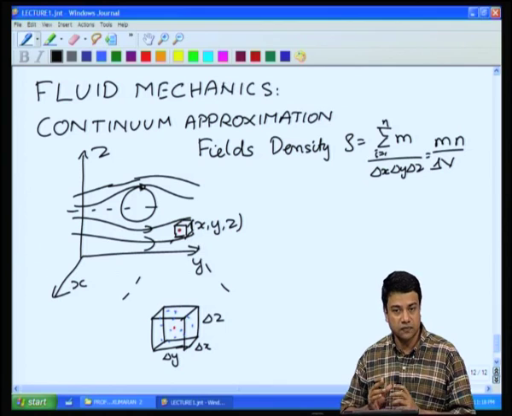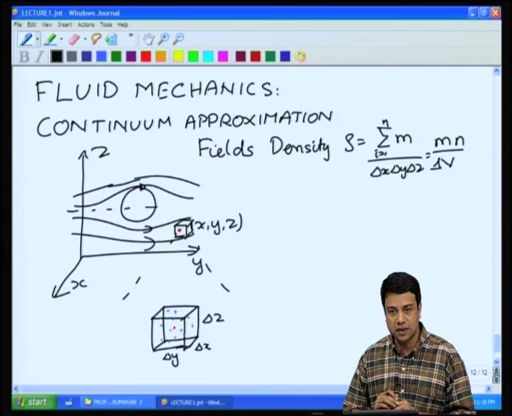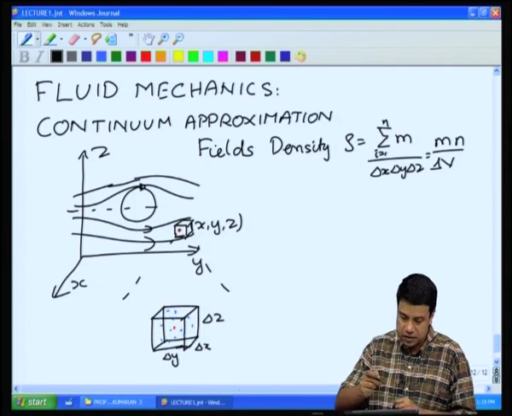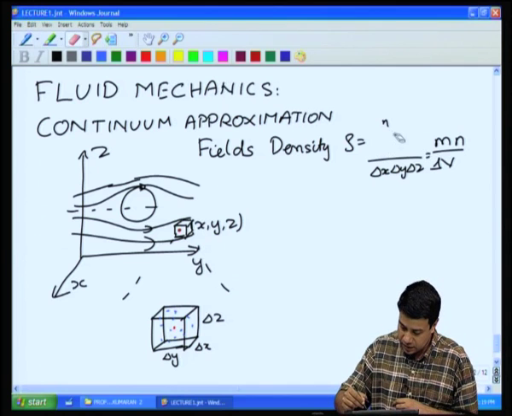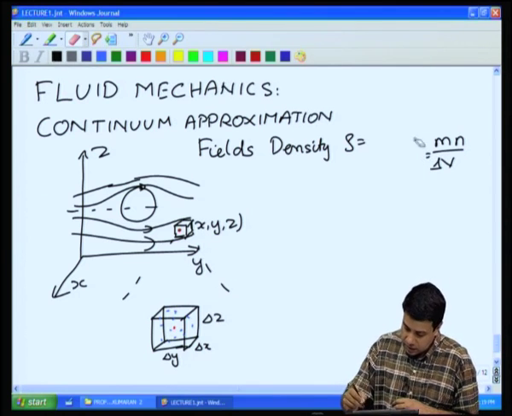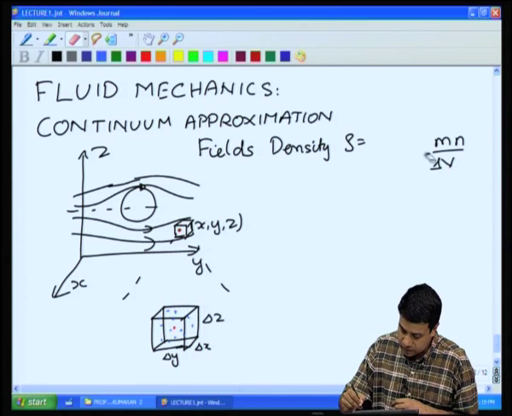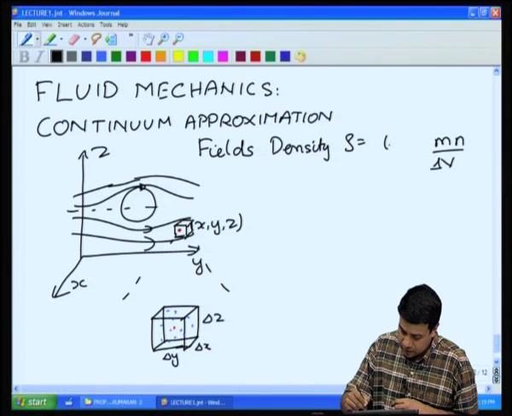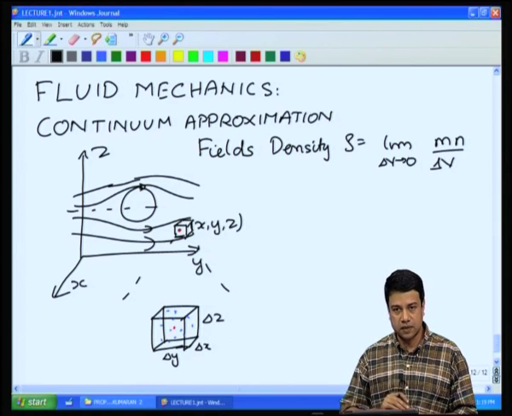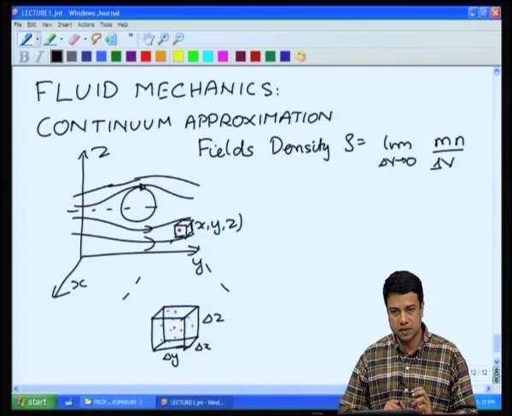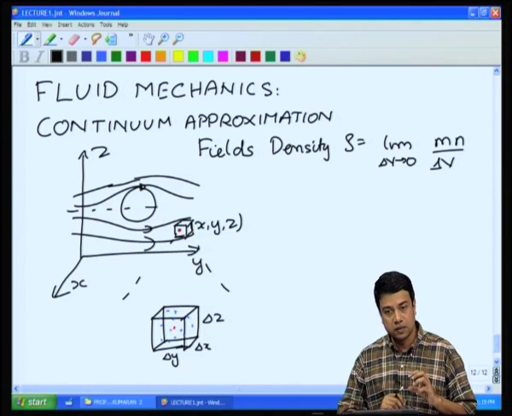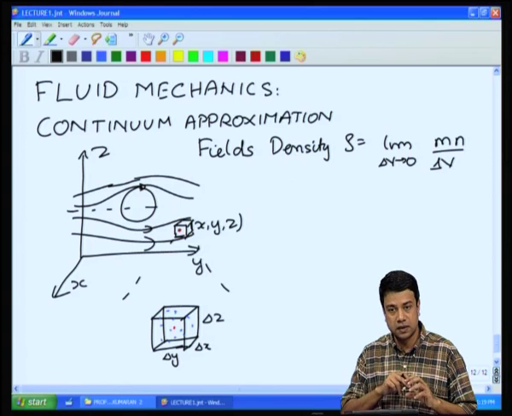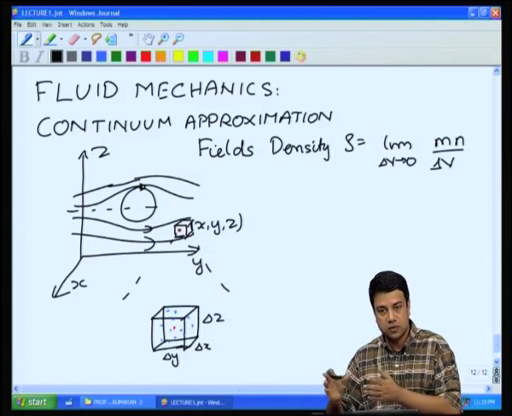At the same time, since the volume is decreasing, the number of molecules is also decreasing in such a way that in the limit delta x, delta y, delta z going to 0, the ratio of the two goes to a constant value.